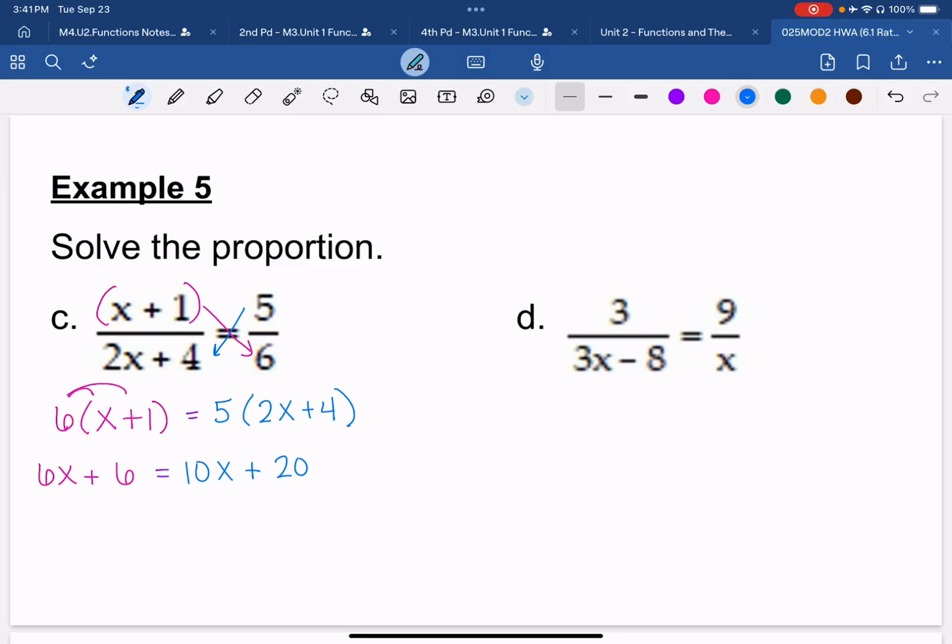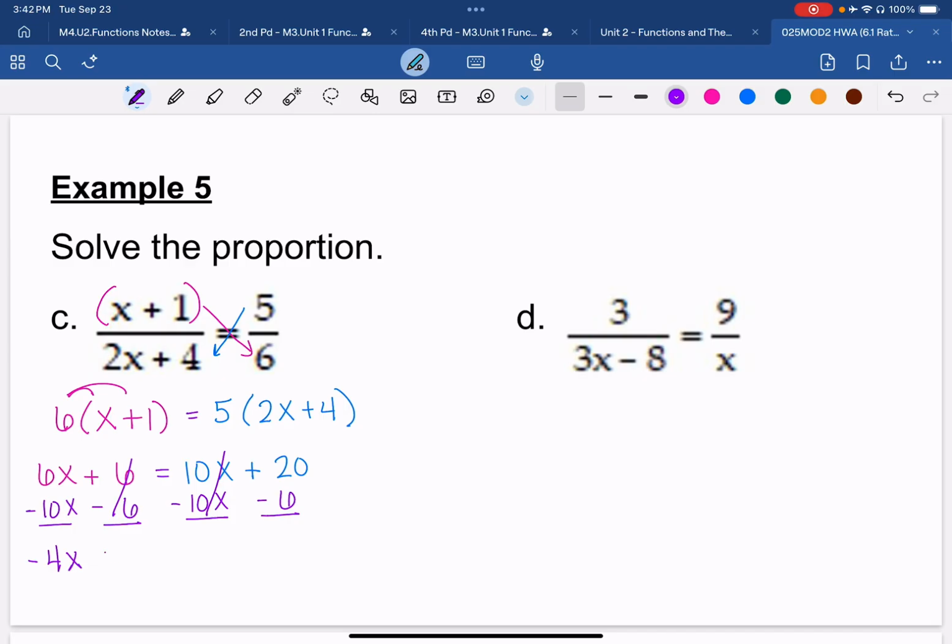And now I can solve this equation. So I'm going to subtract my 10x over. So I've got negative 4x. I'm going to subtract my 6 over. That goes away.